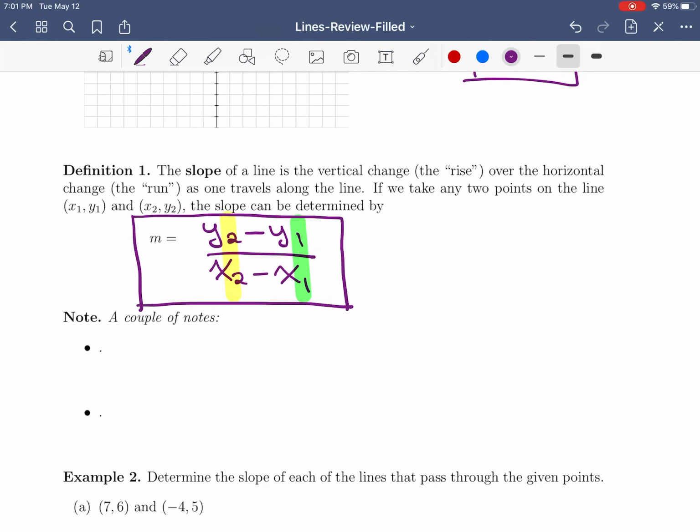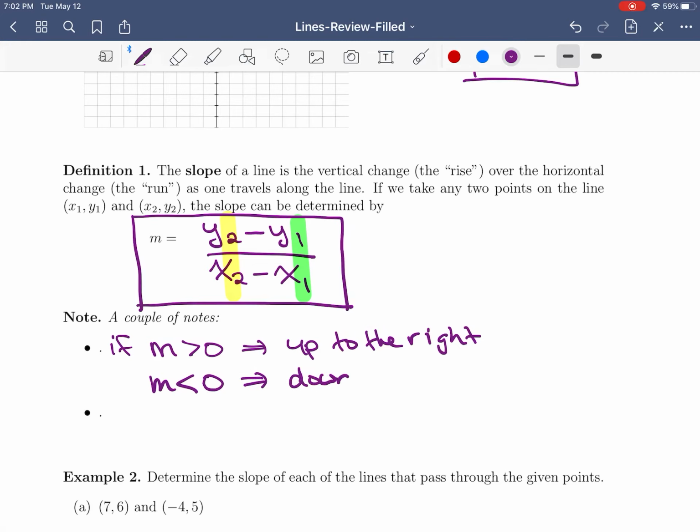So a couple of notes. If m, so we normally call m the slope, if m is positive, then we move up to the right. Okay, and if m is negative, then we move down to the right. Or you could say up to the left.